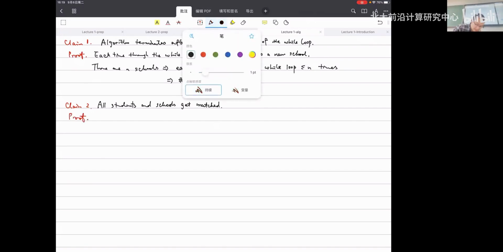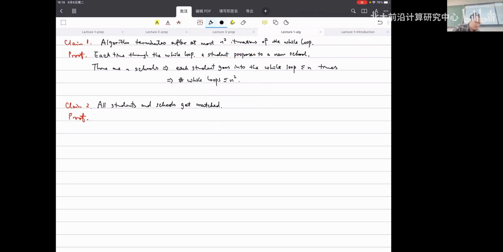The proof is intuitively also by contradiction. Let's assume the contrary. Maybe student S_i is an unfortunate guy that is not matched. Let's see what contradiction is going to happen. So at least one student is not matched.